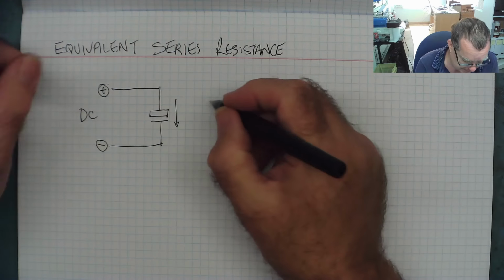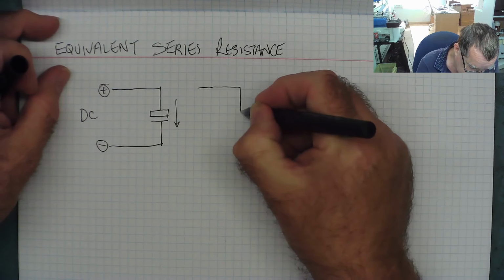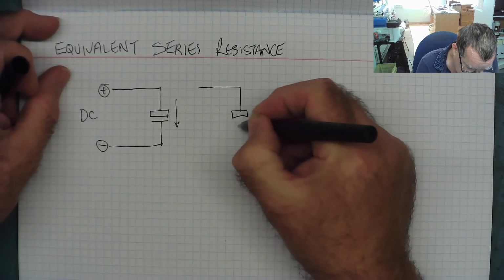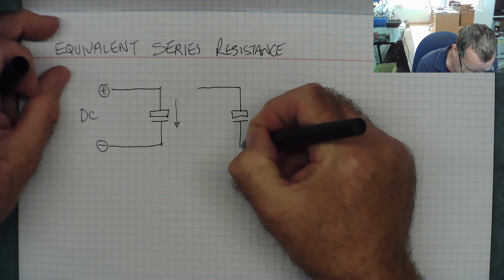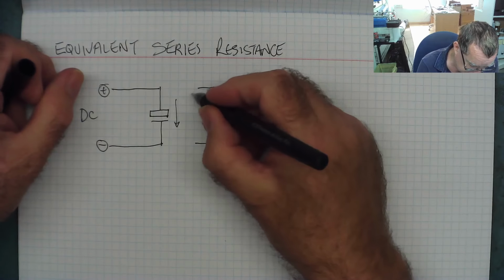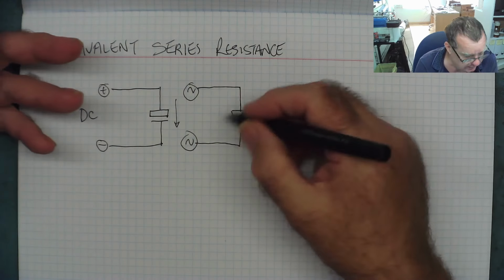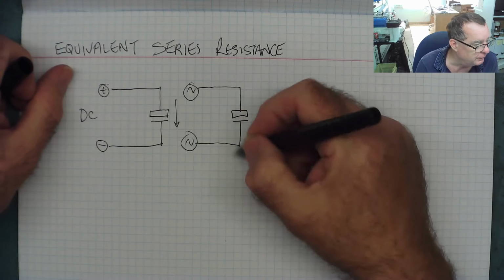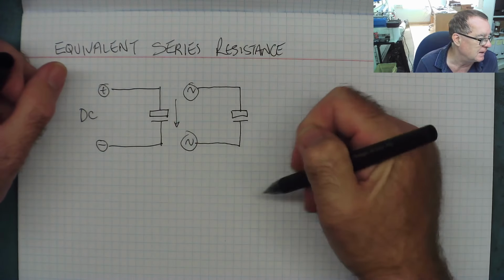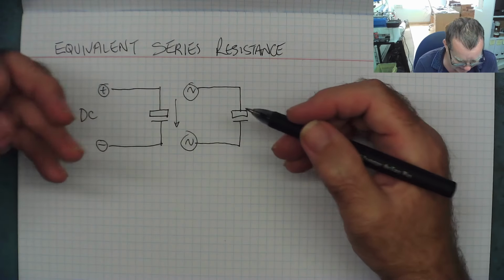However, capacitors behave differently to AC signals. So to an AC signal, the capacitor basically forms a circuit. When we apply AC to a capacitor, current is flowing backwards and forwards, alternating current going backwards and forwards, and the capacitor will pass AC.